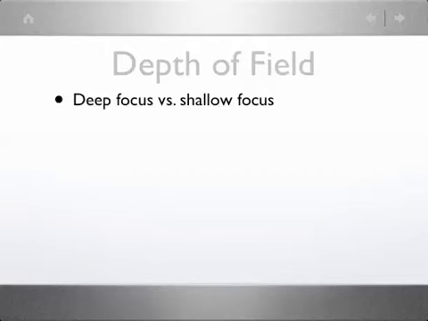And so depth of field refers to how far into that field objects are in focus. In shallow focus, there may be just the very foreground elements that are in sharp focus, and everything behind that foreground area is going to be out of focus.